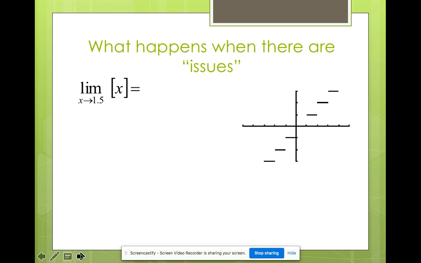This is called the greatest integer function, or the step function is also a name for this function. There are closed circles on the left side of each step and open circles on the right end of each step.